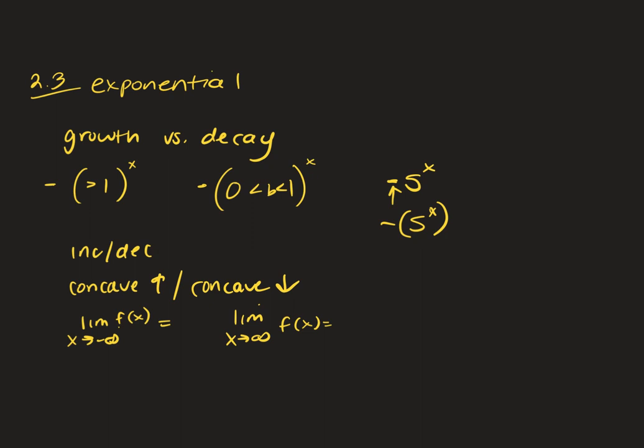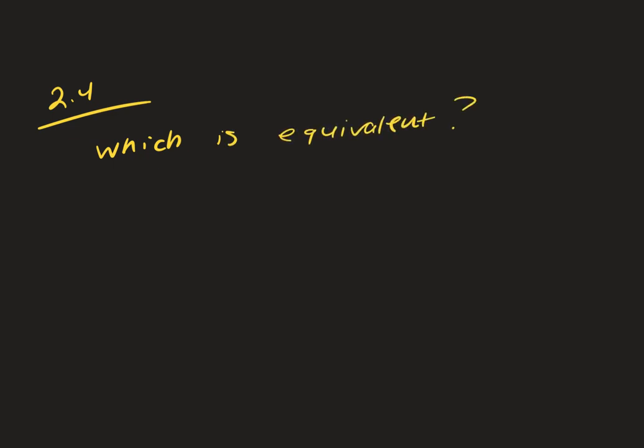Questions on that? I think we're almost done, because then we're back to 2-4. And this will be, which of the following is equivalent? Instead of you having to figure out, am I supposed to be doing a horizontal dilation, a horizontal translation? Is it supposed to be vertical?